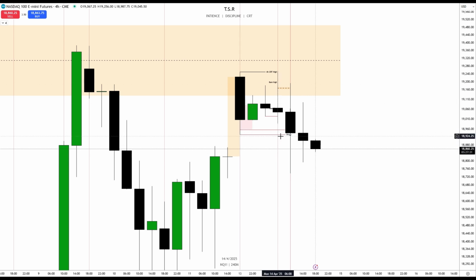These would become my CRT levels. Price was basically showing me where it wanted to go. We have a key level above us, and we have the 4-hour high. I wanted price to come up into that 4-hour high, as my higher time frame bias was bearish, and then continue on lower.